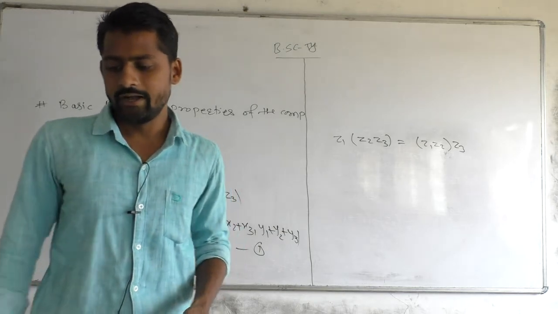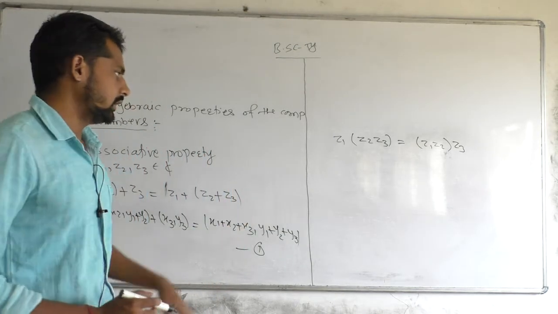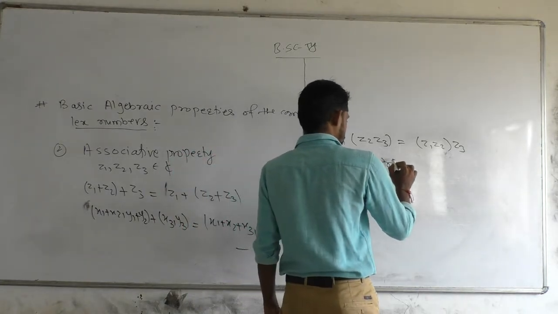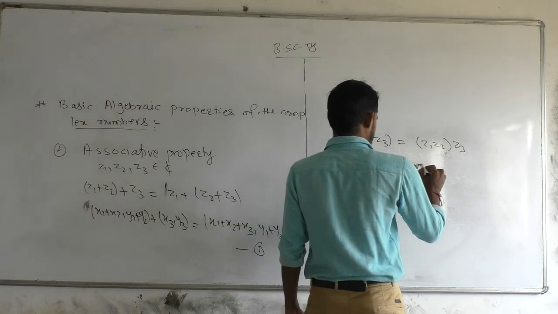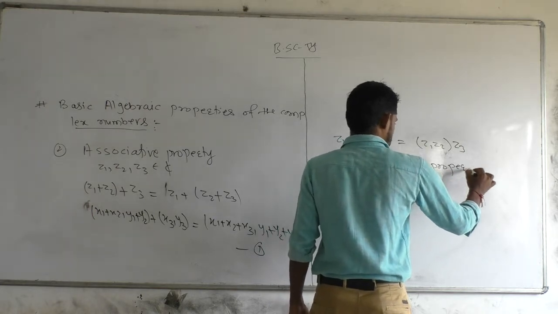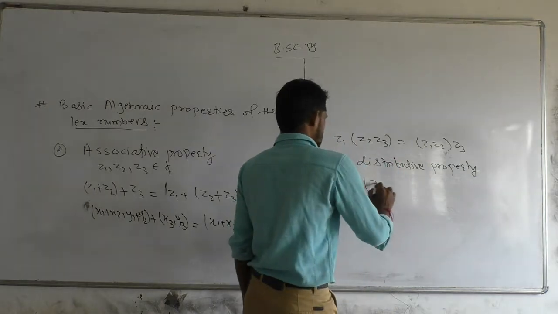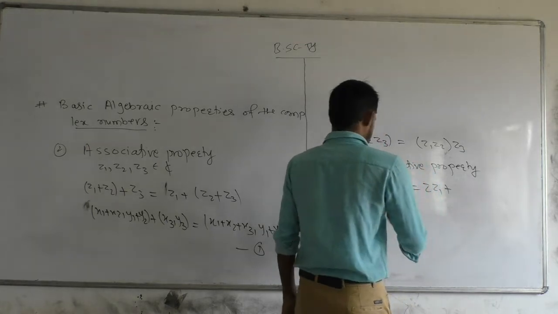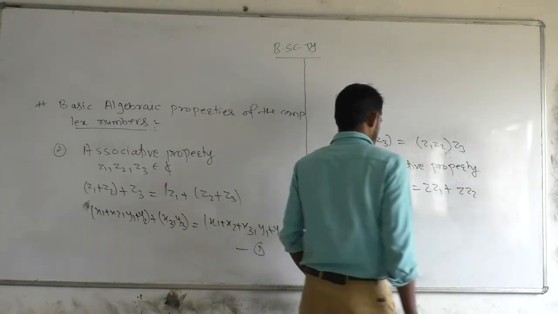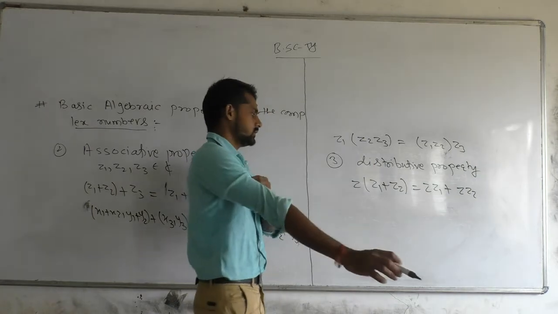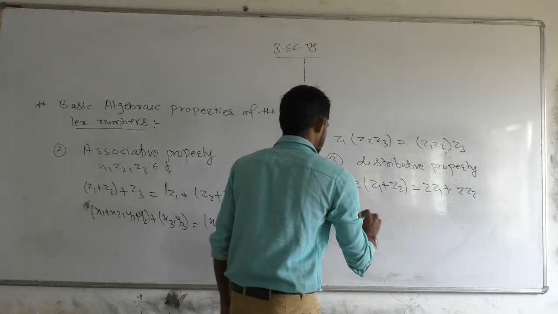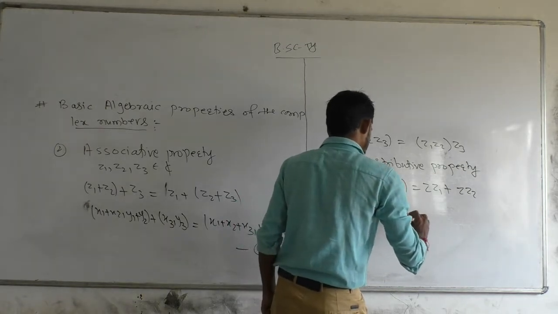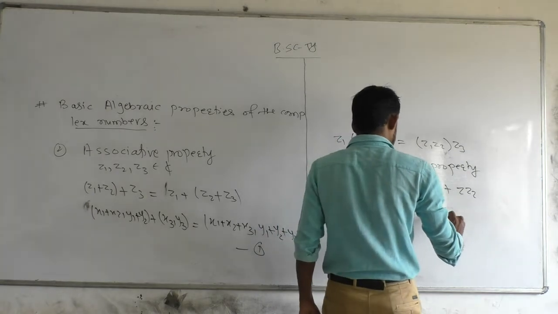Now third, the distributive property. In this, z times (z1 plus z2) is equal to z z1 plus z z2. You can also verify this. Consider the LHS. z is (x, y). This addition is (x1 plus x2, y1 plus y2).